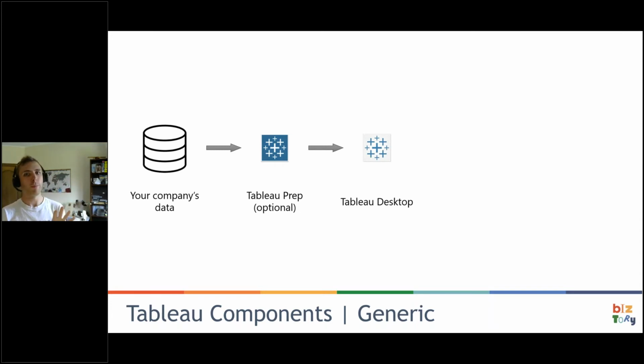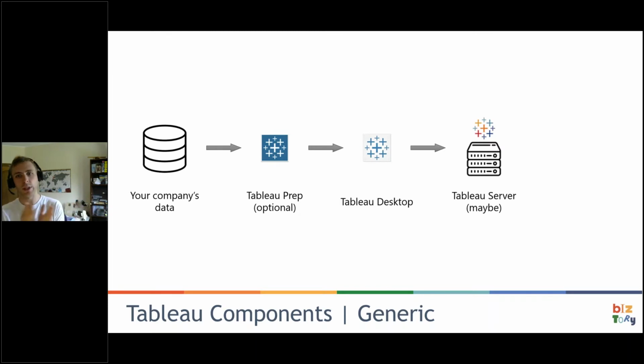And then the core part of the whole architecture, embedding or not, embedding or generic, is going to be Tableau Server. Now it says maybe between parentheses because Tableau Server is just one product in a suite of 3. There's also Tableau Online and Public, but we'll look at the differences and the considerations for selecting one of those in a moment. I just want to say it says maybe because we're going to group these 3 products under the umbrella name of Tableau Server.